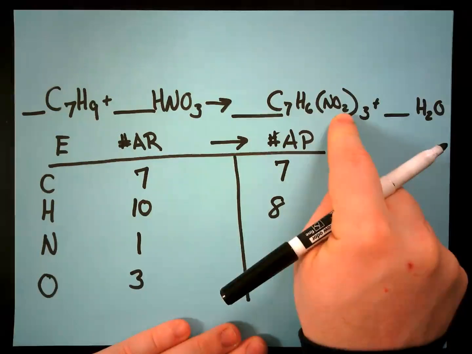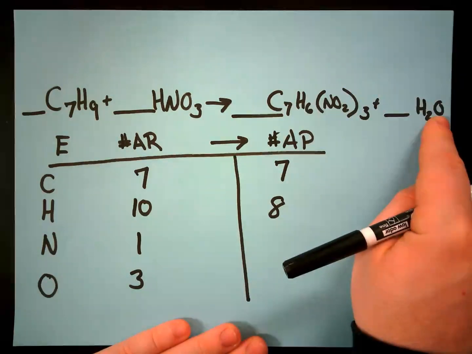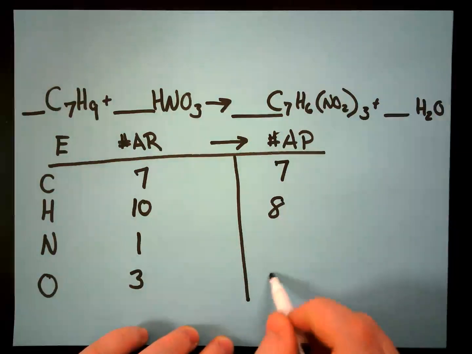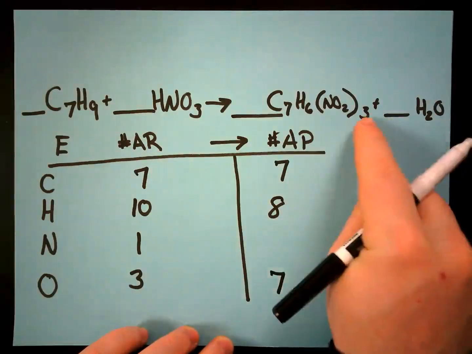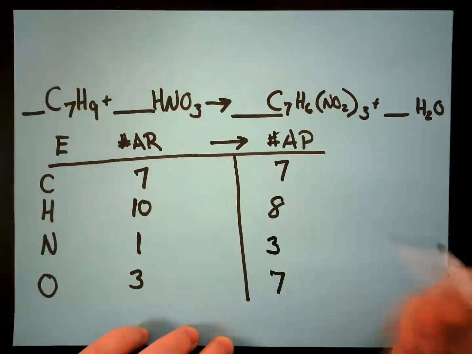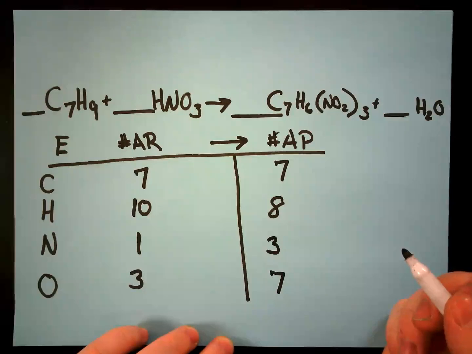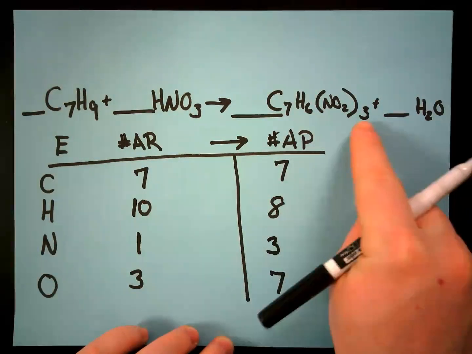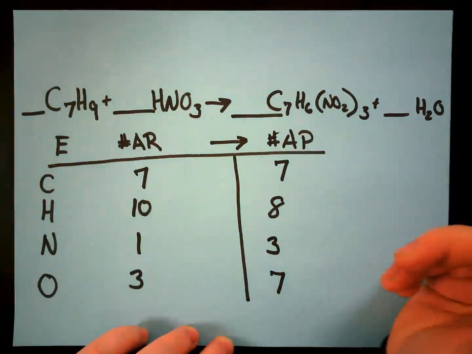So 3 times 2 is 6, but then I've got another oxygen out here, so that's 6 plus 1, which is 7 oxygen. And then 3 times the nitrogen there is just 3. So this guy is pretty busy. Really, really busy, in fact. But it's really not that challenging.